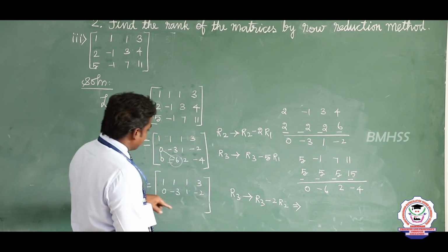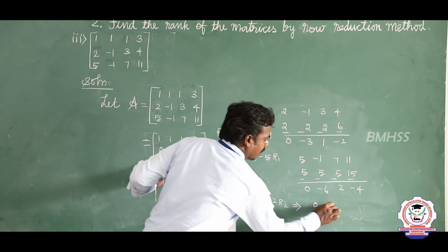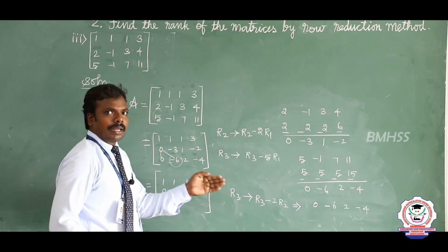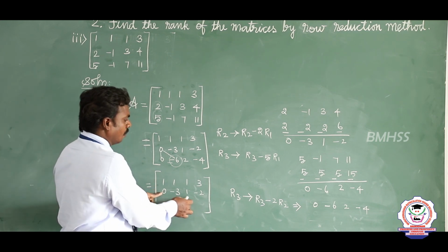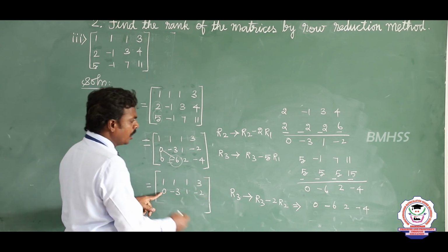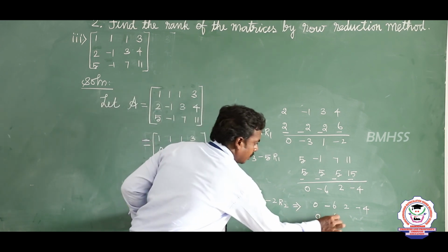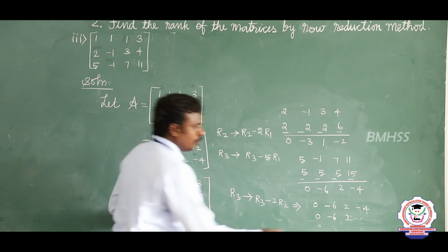What are the third row elements? 0, minus 6, 2, minus 4. The second row elements, 0, minus 3, 1, minus 2, are multiplied by plus 2. 0 into 2 is 0. 2 into minus 3 is minus 6. 2 into 1 is 2. 2 into minus 2 is minus 4.